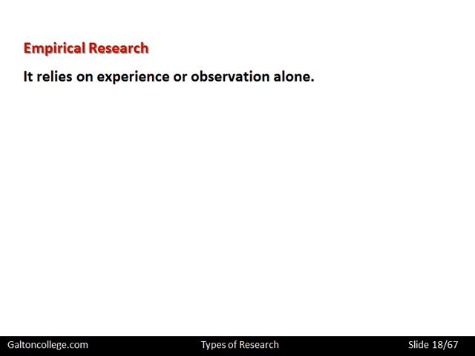It relies on experience or observation. A lot of it is to do with being involved. It's not an experiment, but it's looking at situations as if they were experiments and trying to see if it can work out what the underlying relationships are.